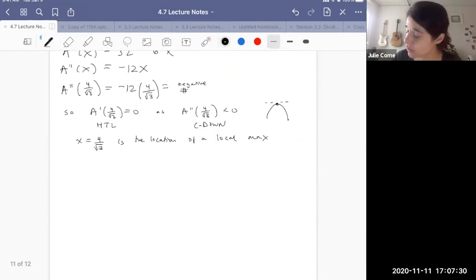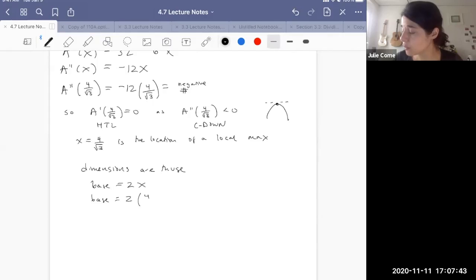So our dimensions, well, the base was, if we recall, 2x. So the base of our rectangle is just going to be 2 times 4 over root 3, or 8 over root 3. Now you can rationalize that. I'm not going to bother doing it since I think you guys are all comfortable with that. It doesn't really matter in this case.